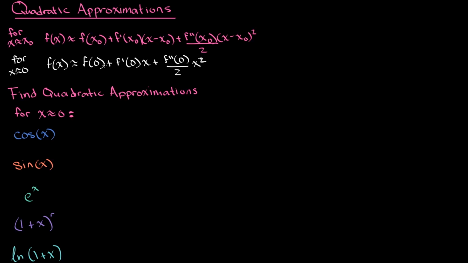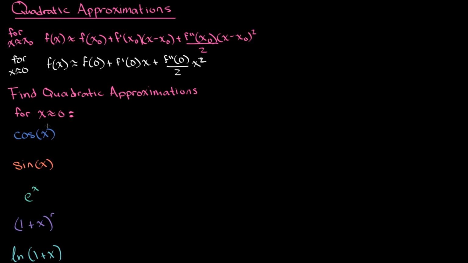So that's what we find for our quadratic approximation formula for x values near 0. And then all we're going to do is find f of 0, find the derivative at 0, and find the second derivative at 0. And then we can make quadratic approximations.